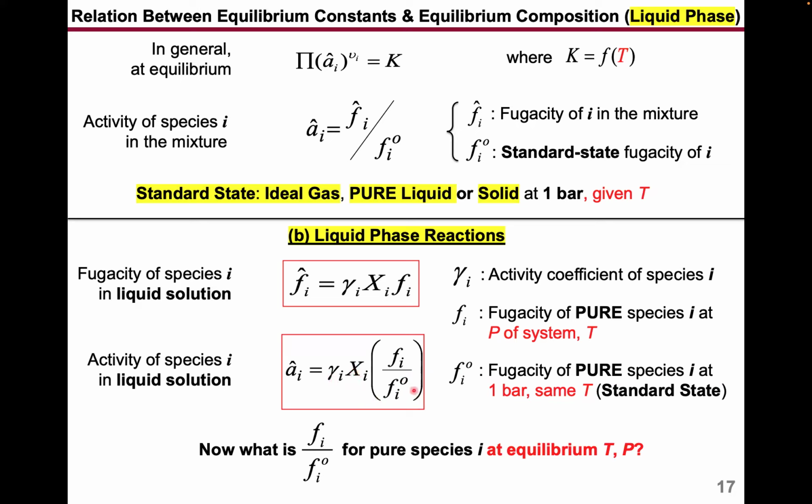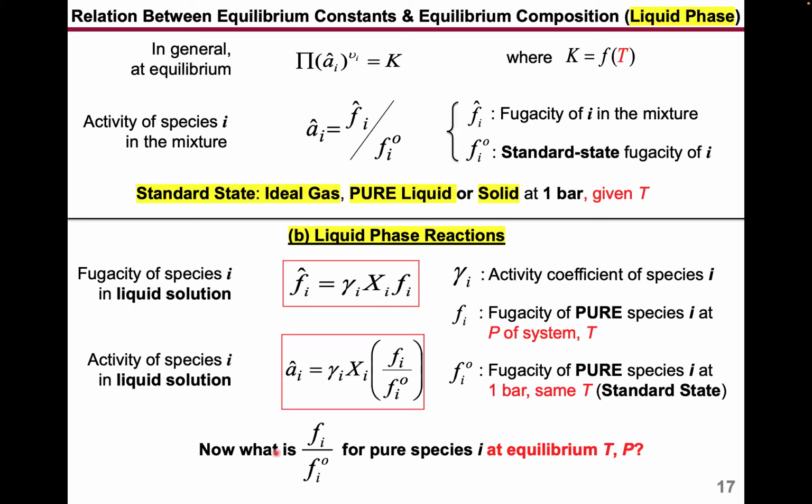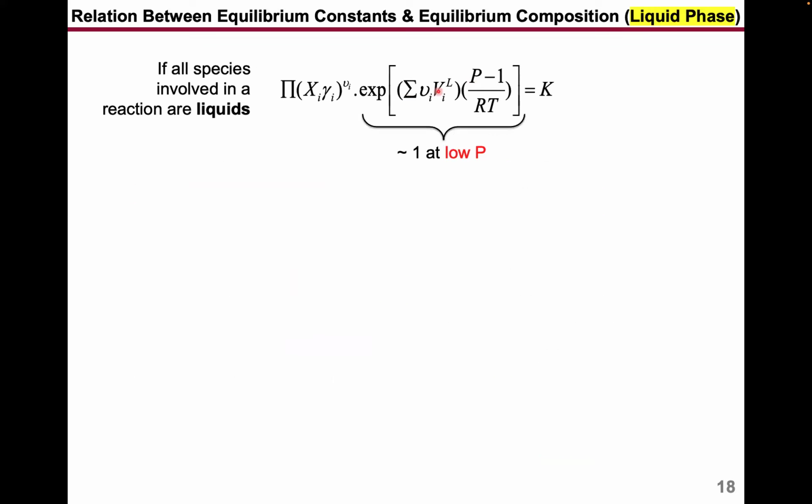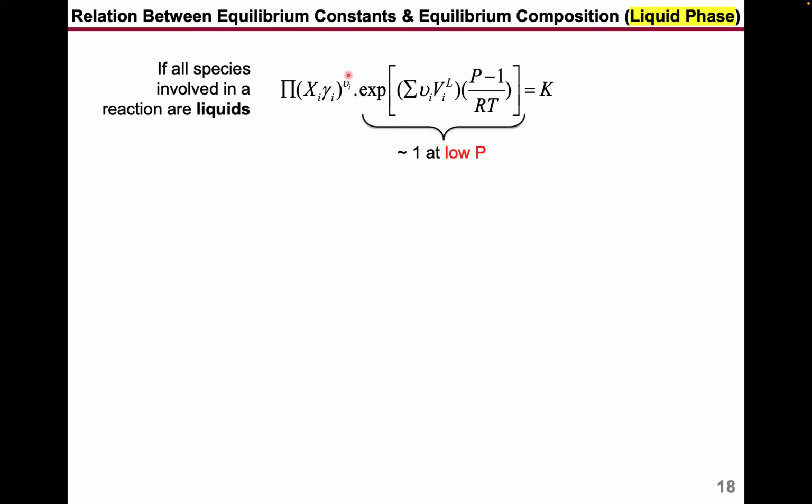Xi is simple. Now it's just how you can calculate Fi divided by Fi0 for the pure species at the equilibrium temperature and pressure. I'm going to skip the math, but in the end, your Fi divided by Fi0 is basically going to be this whole thing. Then you plug this back into this equation, and you will have this whole thing, but containing a Vi in the expression.